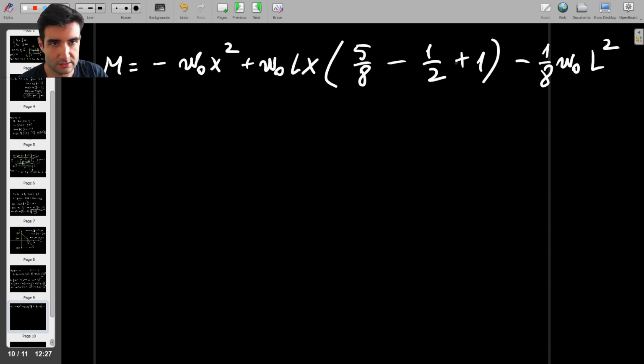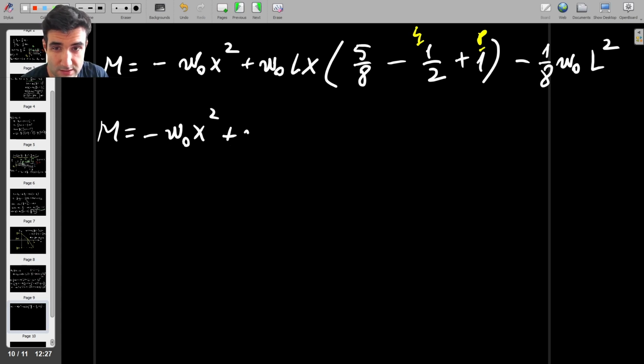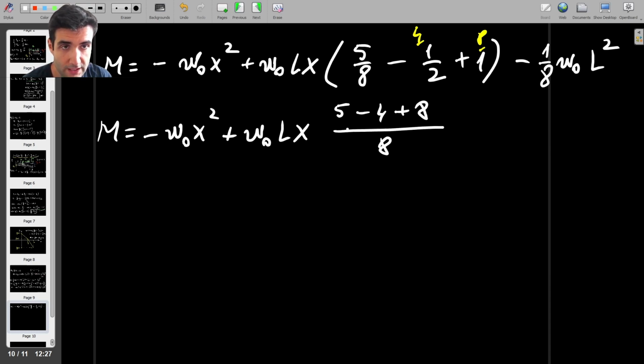So in this bracket, I can multiply this with 4 and this with 8. So we have the moment is minus W naught X squared plus W naught LX, and then we have 5 minus 4 plus 8 over 8, minus 1 over 8 W naught L squared. I'm trying to keep track of everything.